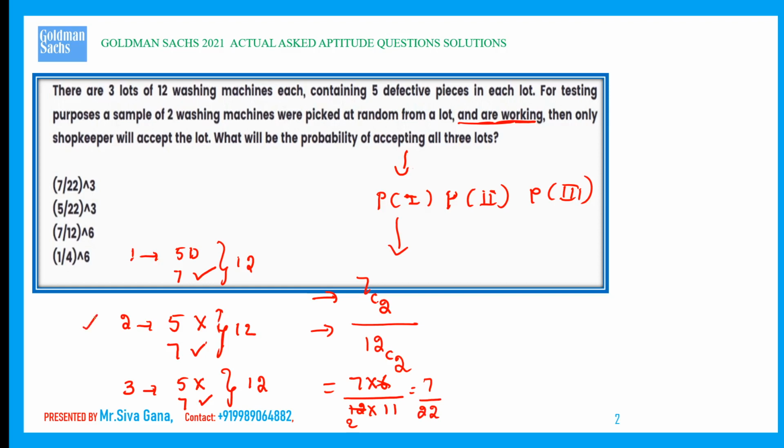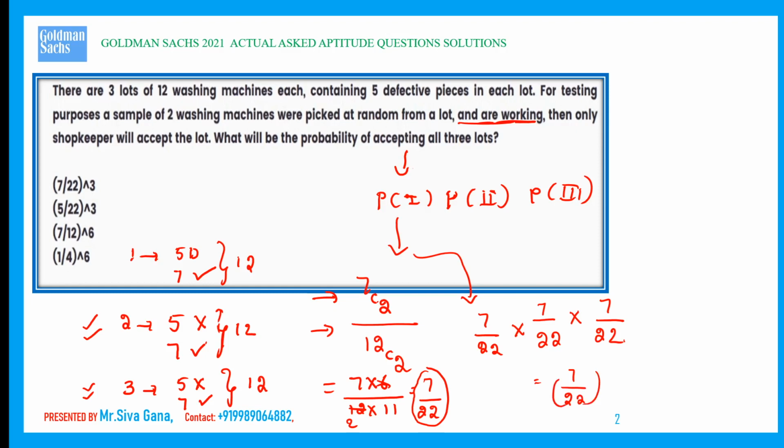As the numbers of defective and working are the same in the other lots, the probability of picking the other lots is also 7 by 22. So the probability is 7 by 22 into 7 by 22 into 7 by 22, which is nothing but (7 by 22) whole power 3.